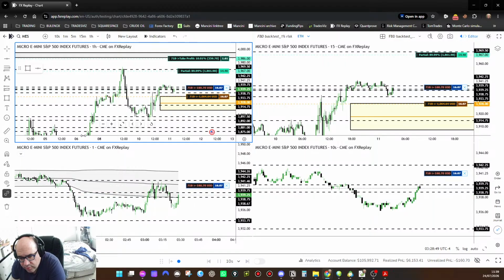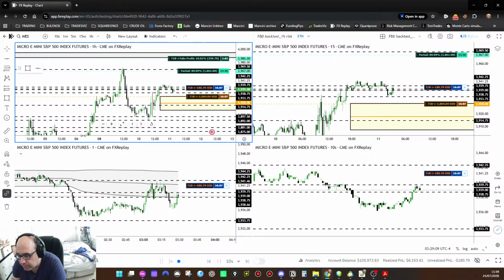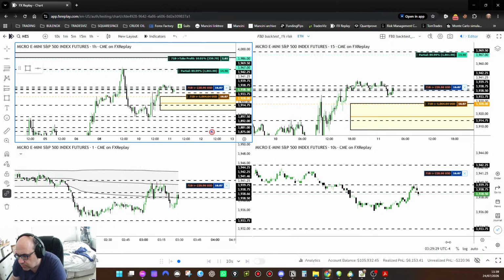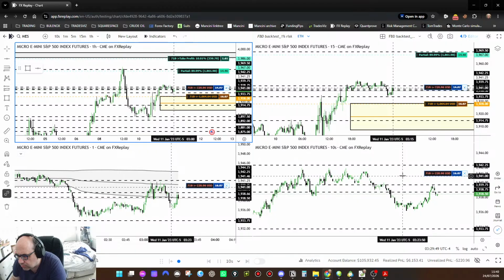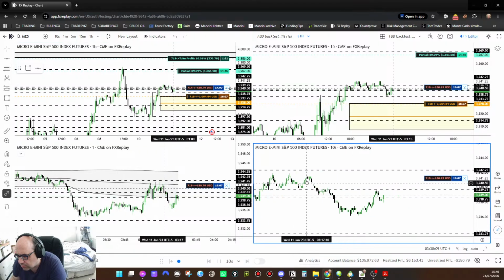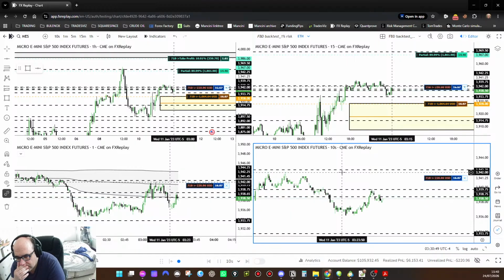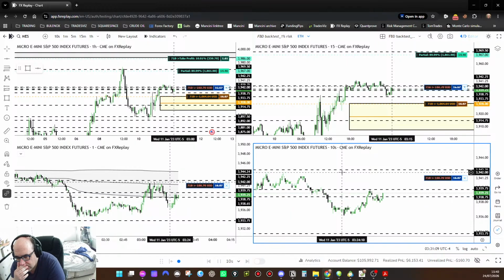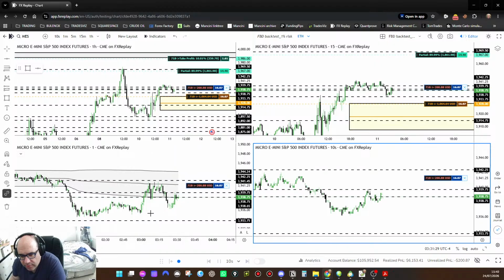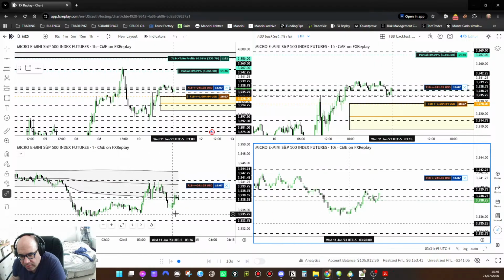See some nice move. I like these candles. I see the buyers are holding again this area here.